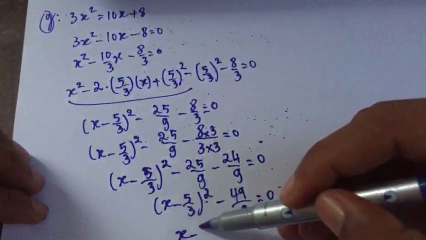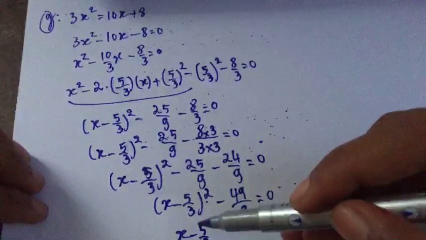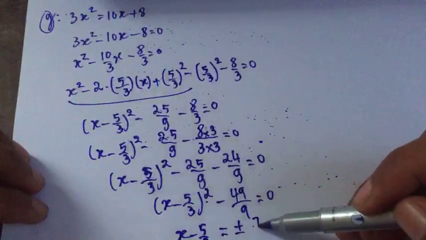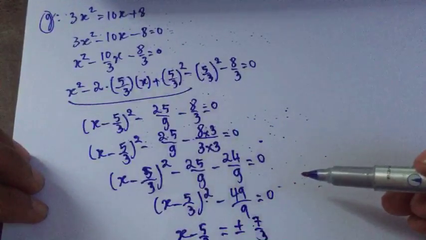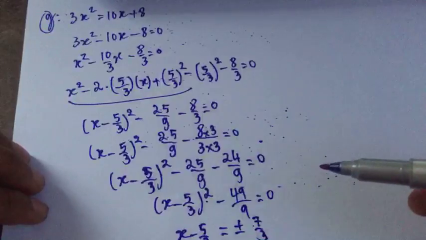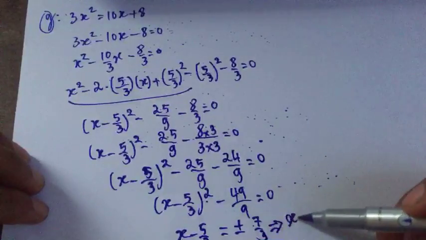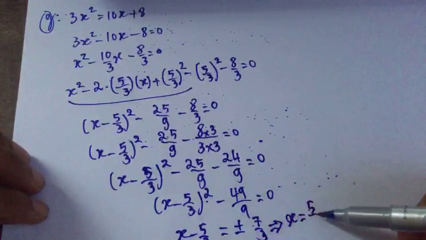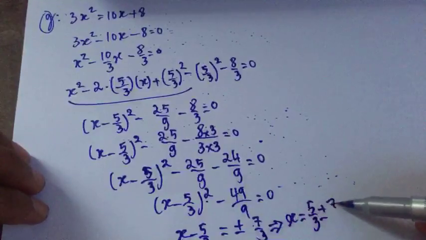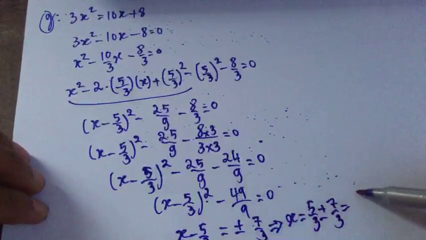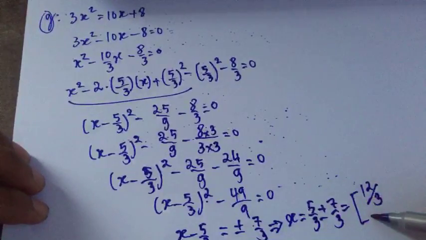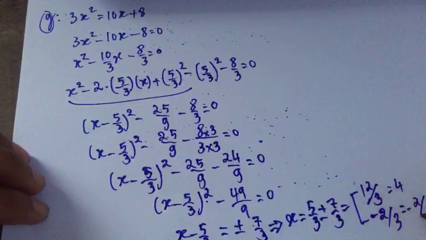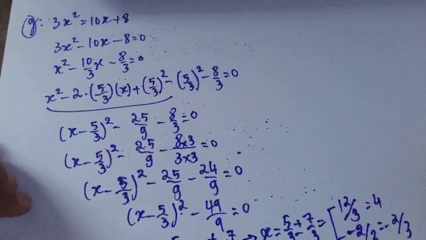You then can find x minus 5 divided by 3 equal to plus or minus 7 divided by 3, because 49 is 7 square, 9 is 3 square. So x equal to 5 divided by 3 plus or minus 7 divided by 3 equal to 12 divided by 3 and minus 2 divided by 3. So it is 4 and minus 2 divided by 3.